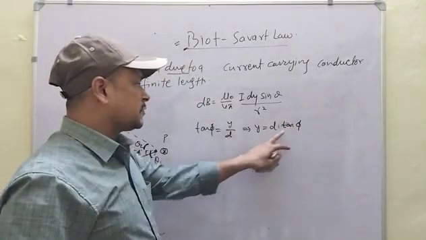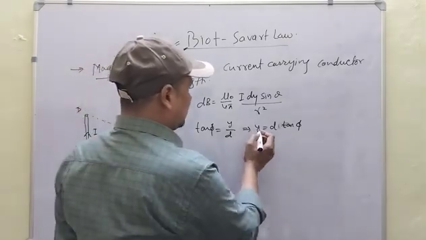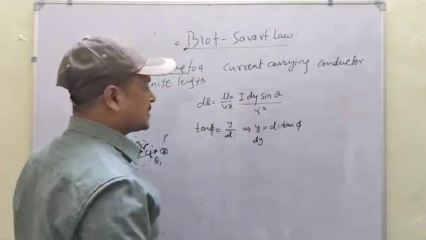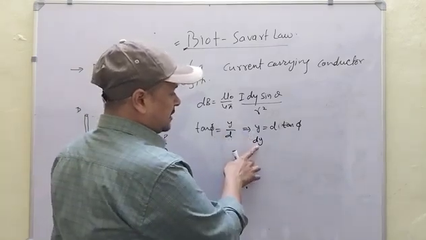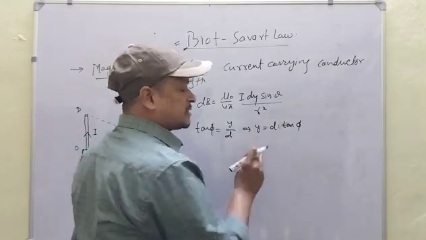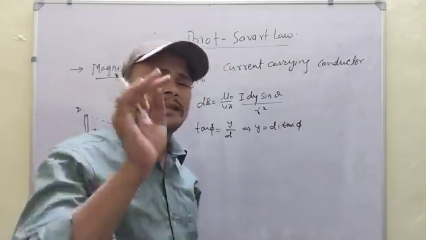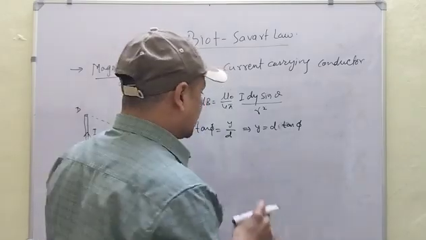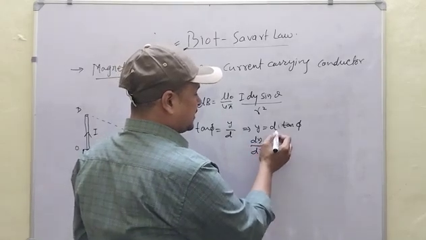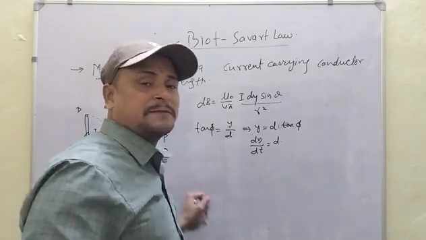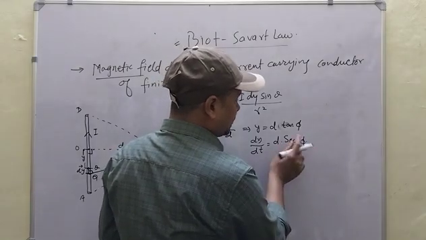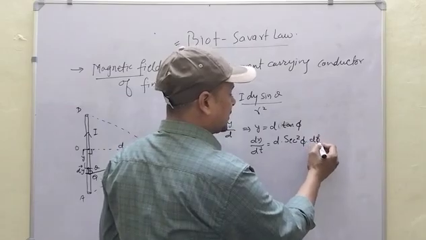Now we differentiate both sides, because we need dy here. Differentiating with respect to any variable, say t, we get dy by dt, and here d is constant, and the differentiation of tan phi is sec square phi, and again differentiating phi with respect to t gives d phi by dt.